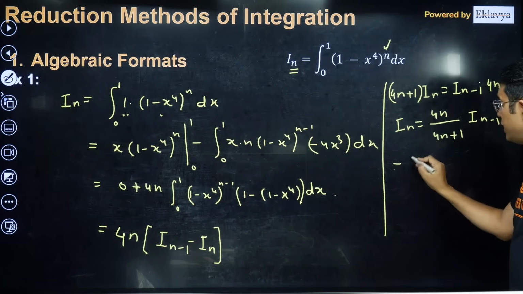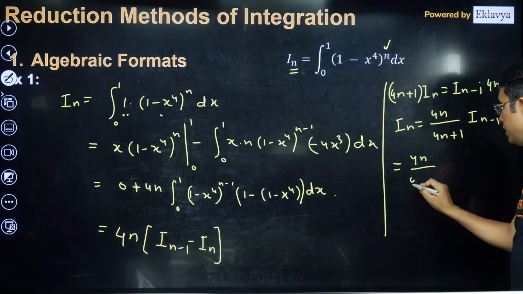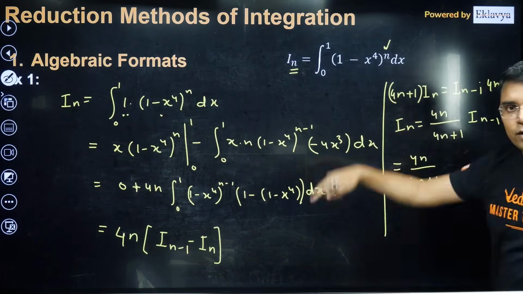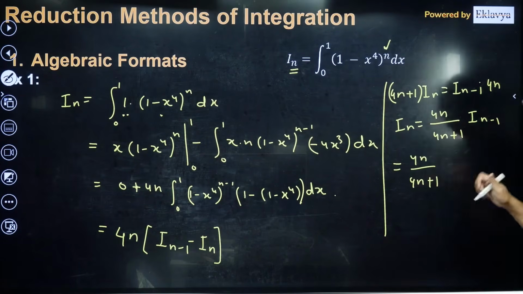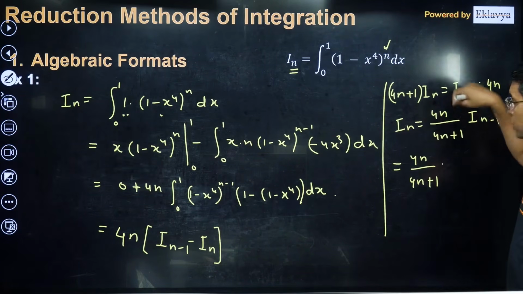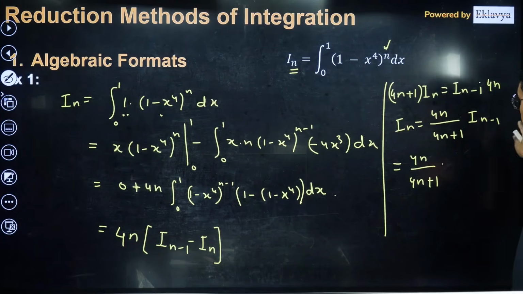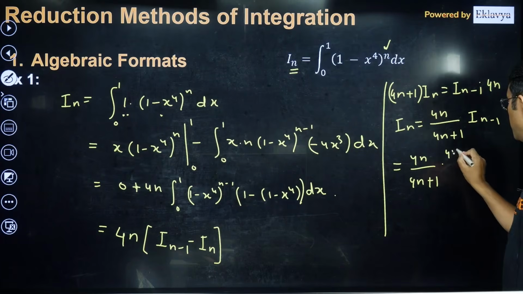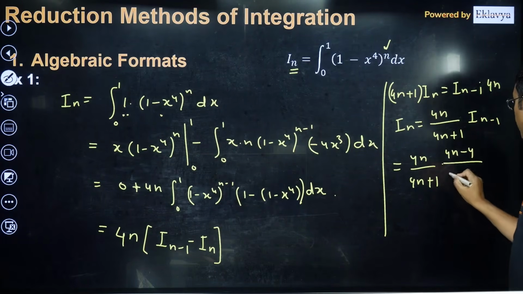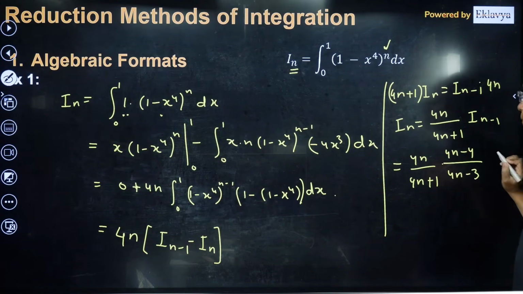Now if you want to write it further, there is no need to do this calculation again. Just by looking at this expression, I can say if Iₙ was 4n upon (4n plus 1) into Iₙ₋₁, then Iₙ₋₁ would be (4n minus 4) upon (4n minus 3), into Iₙ₋₂.